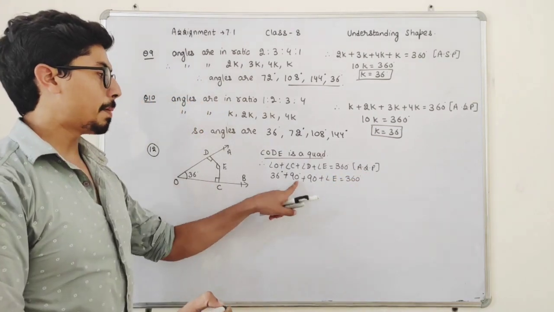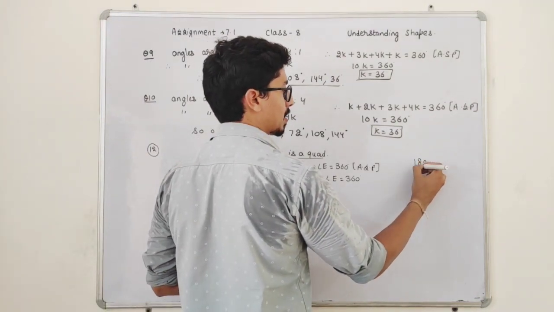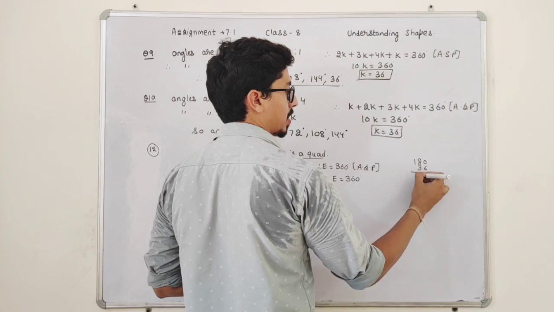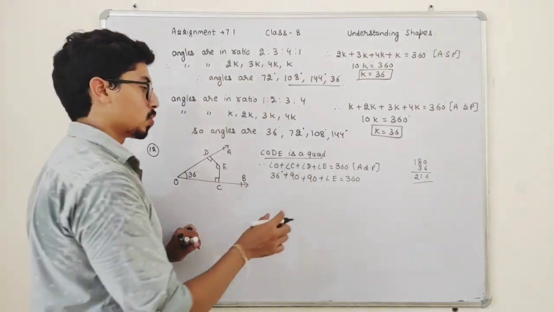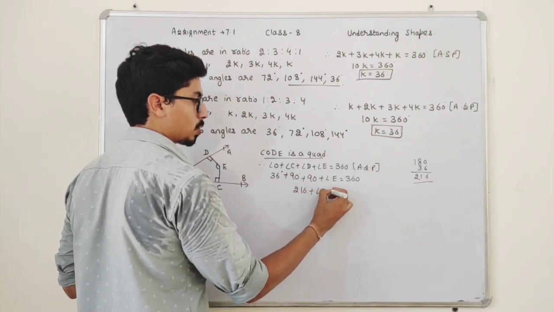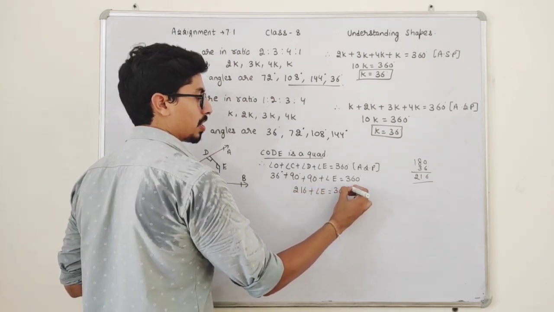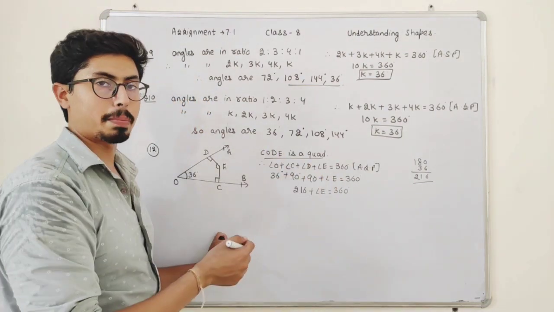Okay, so 90 plus 90 is 180, plus 36. See, 180 plus 36 will be 216 degrees. So 216 degrees plus angle E is equal to 360 degrees. So 216 degrees, when it goes to the right-hand side, it will be subtraction.